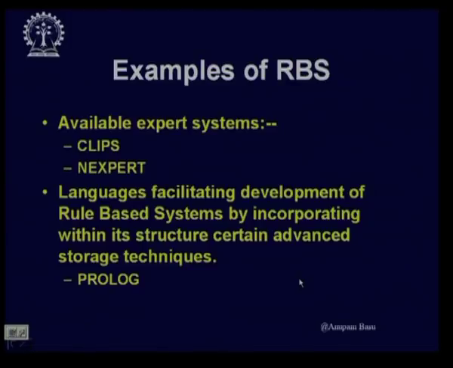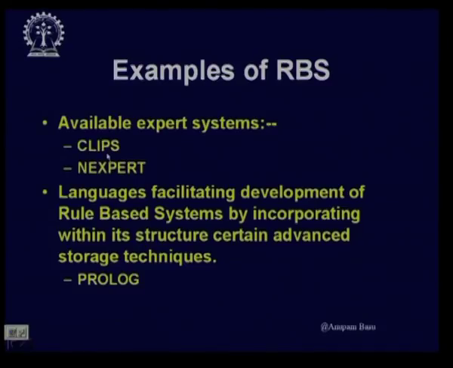Now, rule based systems are very much used for a type of systems which are called expert systems. And now, whatever has been written over here, I would like to do a little bit of correction. These are not expert systems, these are expert system tools. What are expert systems? Expert systems are the systems which attempt to solve such problems which do not render themselves to ready solutions through algorithmic means.